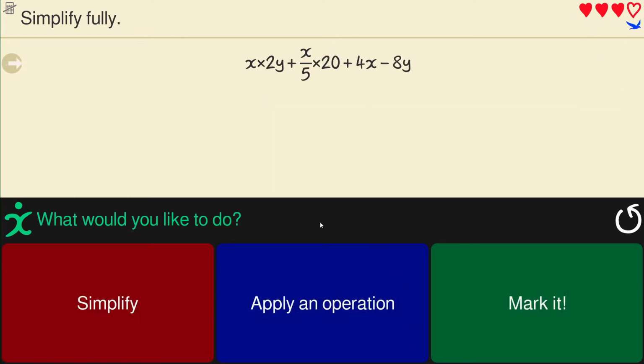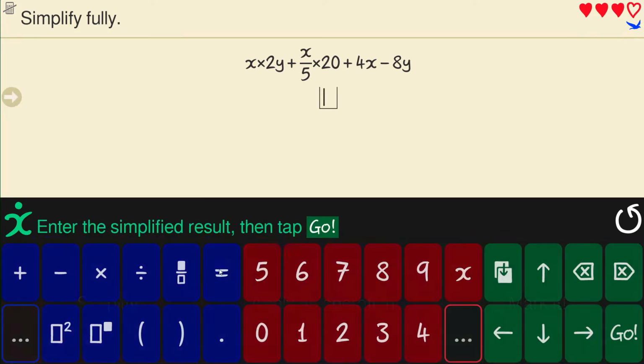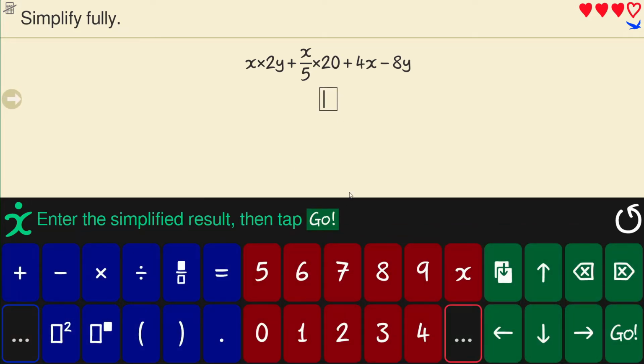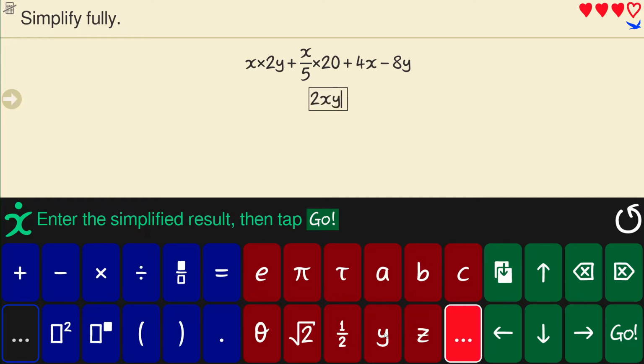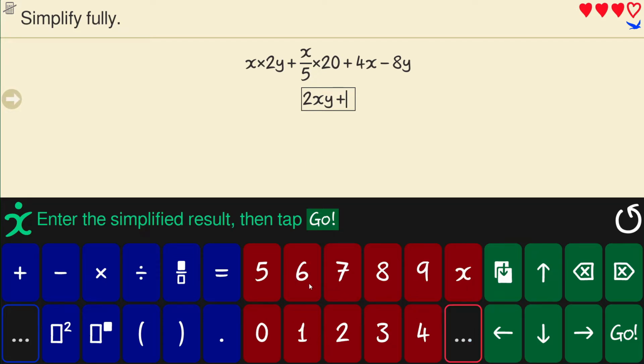Okay, we're into independent mode, so it's not going to check each step for me, I'm just going to do it all. So here I think I'm going to start by simplifying that first term, 2xy. So I've just got rid of the multiplication sign and moved the coefficient number to the front. Then the next term I can see is going to be positive, so plus starts the next term. 20 divided by 5 is 4, so my coefficient will be 4, and then it's got an x, so that's a 4x term.